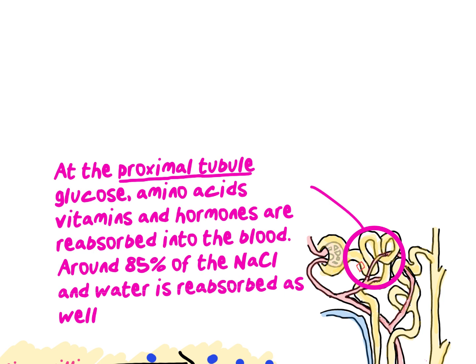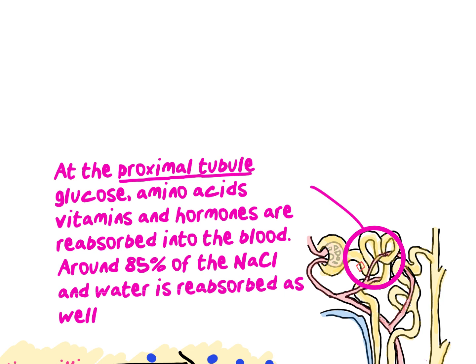Moving on a little bit further now, we've got the filtrate moving from the Bowman's capsule into the proximal convoluted tubule. And at this point, everything has left the blood in terms of hormones, amino acids, glucose, obviously the urea, and it's not selective, so basically everything that is in the liquid part of the blood has moved out.